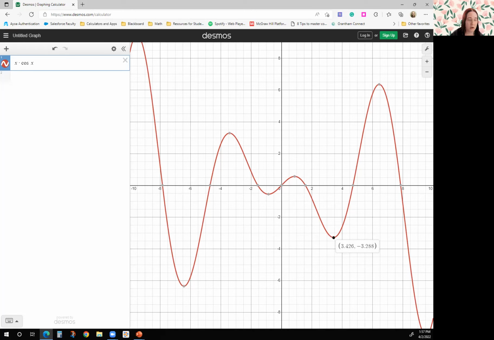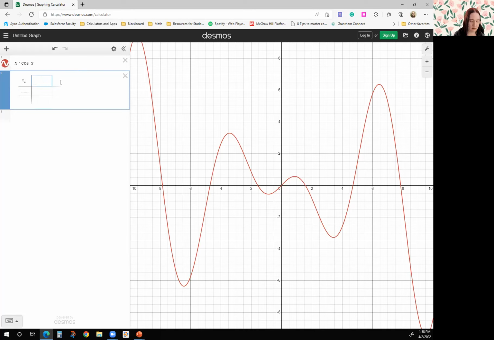And John mentioned making a chart. So Desmos has this thing with a table, which is really nice. And you can use that to make a table of values and see what happens as x is approaching, like here, we want to approach pi.